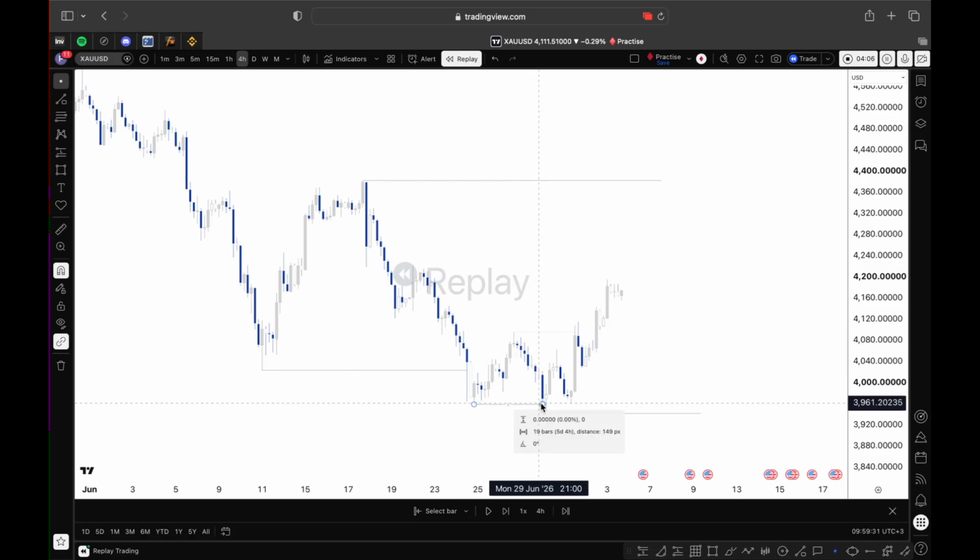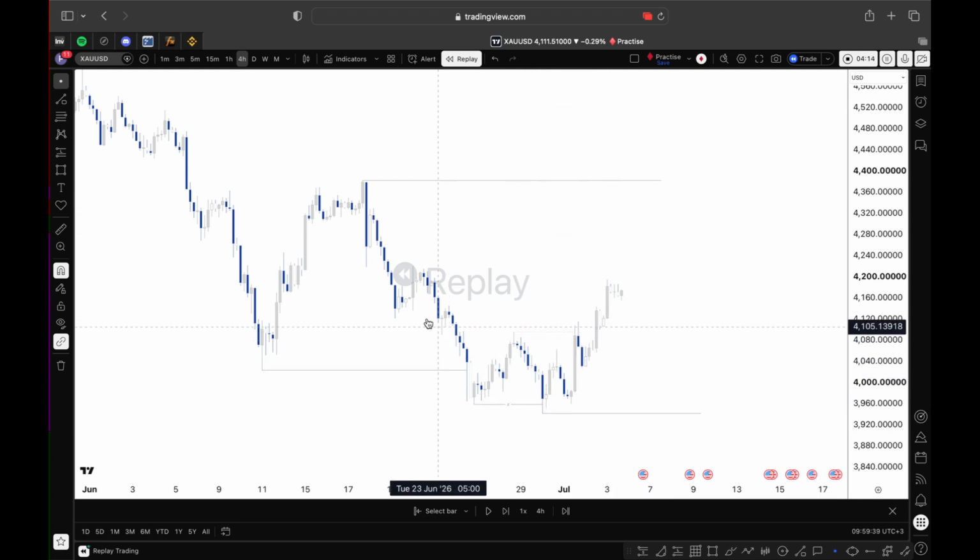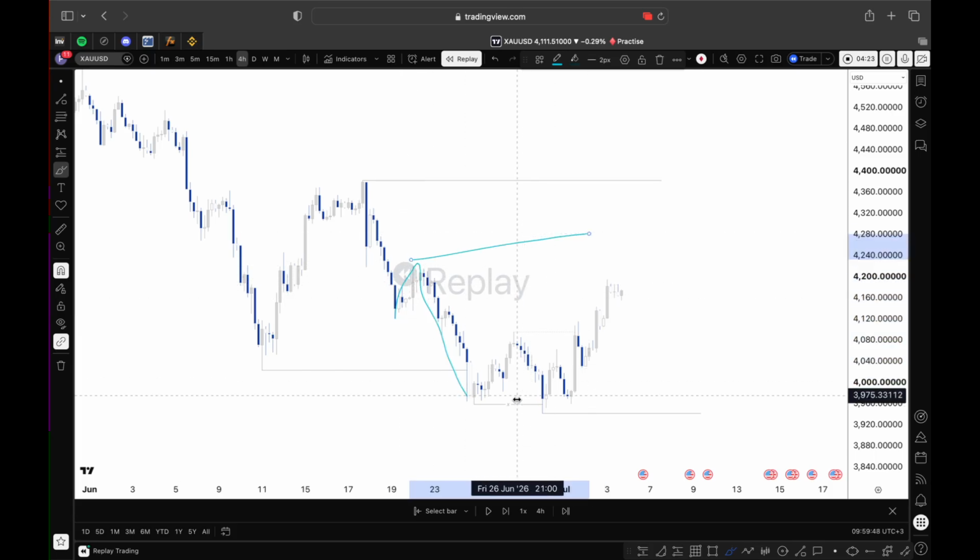We failed to have a candle closure below that low, grabbing some liquidity, and now a strong momentum to the downside. So I didn't wait for this, because this was now the last internal break of structure. I didn't wait for that one to shift, so I just continued aggressively to map my internal down there.